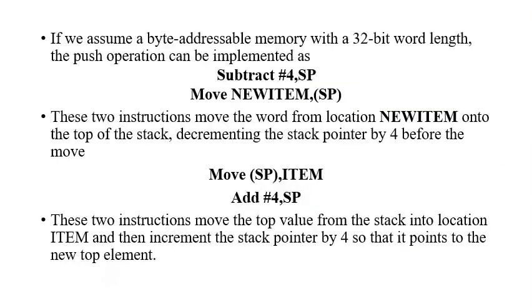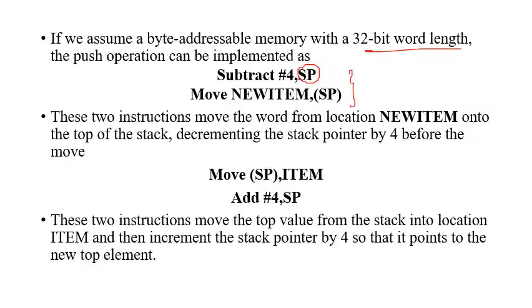If we assume byte addressable, as I specified in the previous slide, and a 32-bit word length to be pushed, what is the process flow? Initially you need to subtract the stack pointer address by 4.